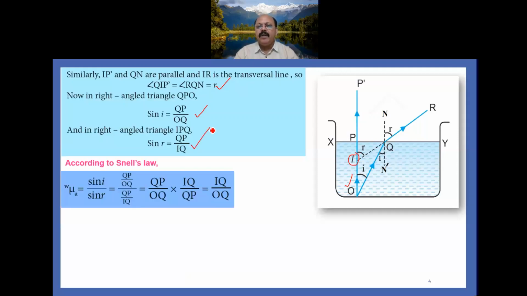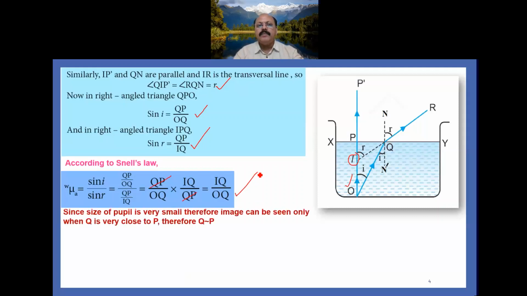Then according to Snell's law, the refractive index of air with respect to water can be written as sin i upon sin r, but sin i is QP upon OQ and sin r is QP upon IQ. So substitute these values here and simplify it. Then QP upon OQ into IQ upon QP, and this QP and this QP get cancelled. We will get IQ upon OQ.